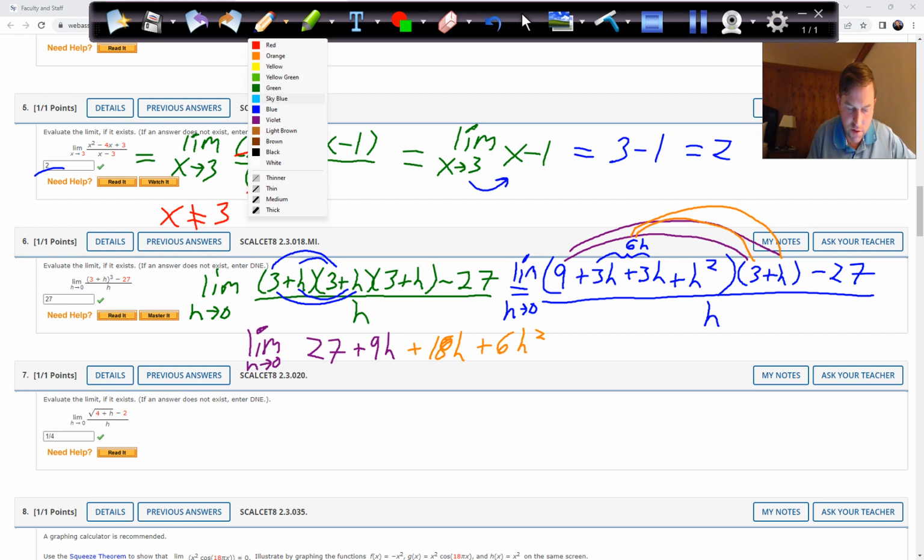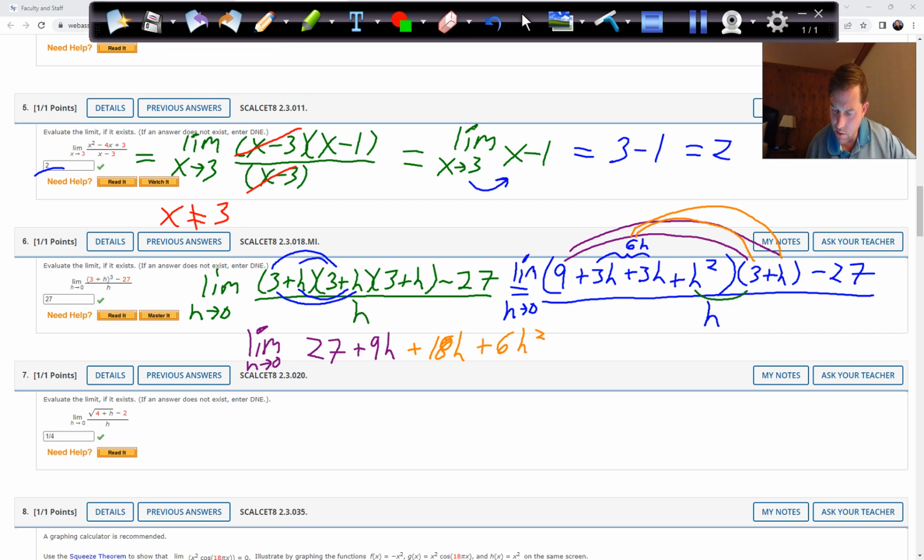Then we're going to do the h squared term: h squared times 3, 3h squared, and h squared times h, h cubed. And then you have the minus 27, and all of that is divided by h.